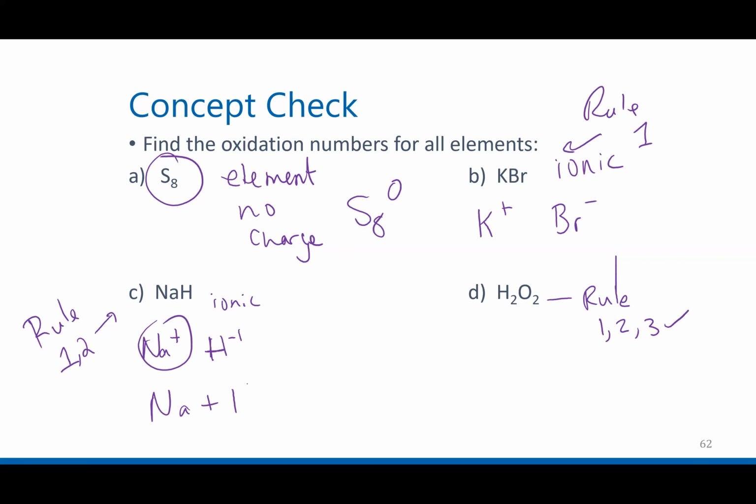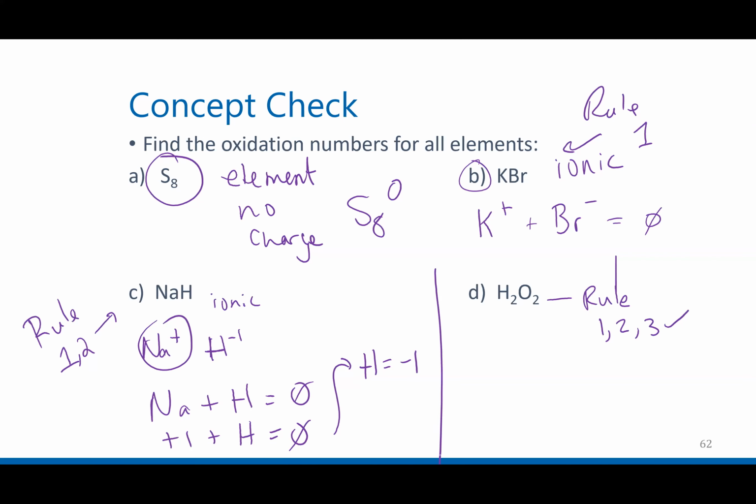So sodium plus hydrogen has to equal 0. +1 plus hydrogen equals 0, which means hydrogen in this case has to be -1. Okay, you could use rule 2 there. I mean, you could even use rule 2 for question B, but the idea is, potassium plus bromine has to equal 0. The charges must cancel in ionic compounds. They must.